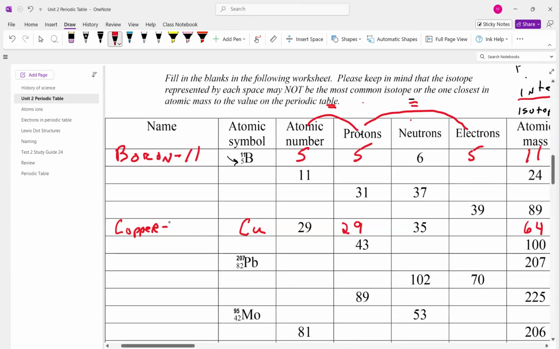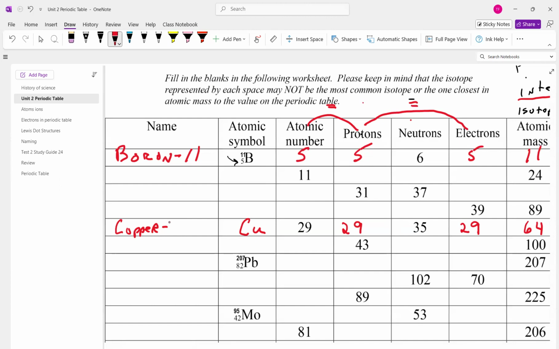P plus N. Now this is a neutral copper, so how many electrons does it have? P and E are equal if it's a neutral atom.